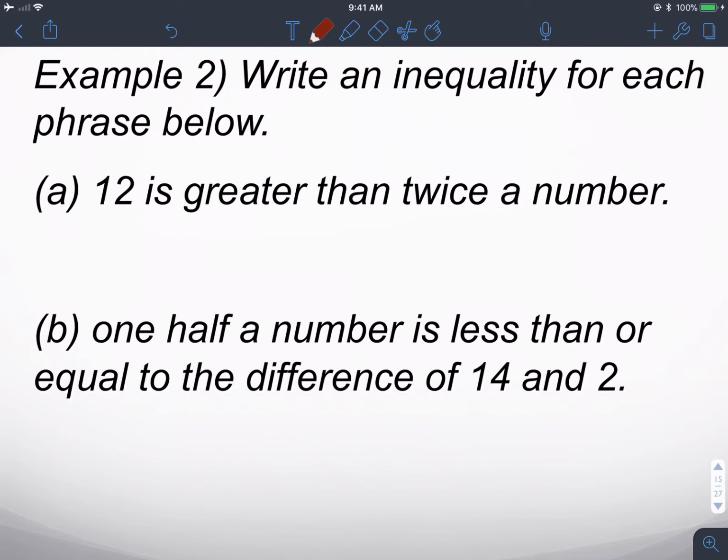Twelve is greater than twice a number. So 12 is greater than twice a number.